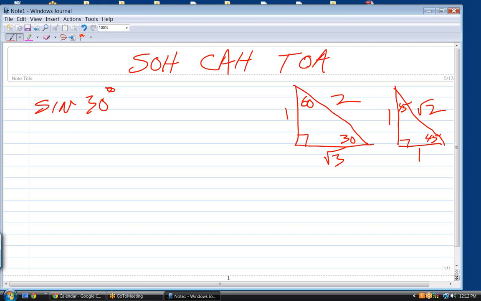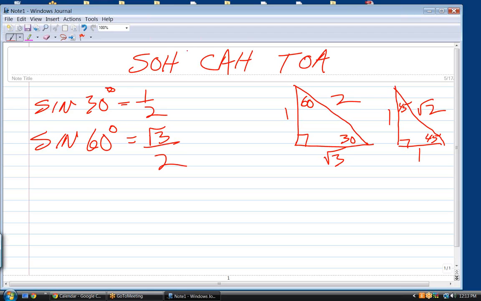And tangent is opposite over adjacent. So would it be sine of 30, 1 over 2? Yeah. What would the sine of 60 be? Opposite to 60. What's opposite to 60? Oh, the square root of 3. I see. Okay. Over the hypotenuse.